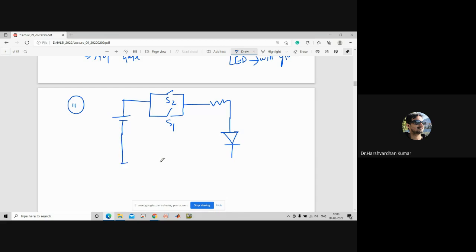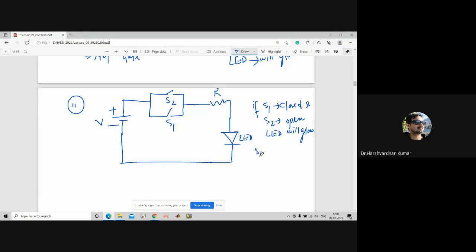Let us say this is V. So what will happen if S1 is closed and S2 is open? The LED will glow, right? This is the LED, and in this case it will glow.